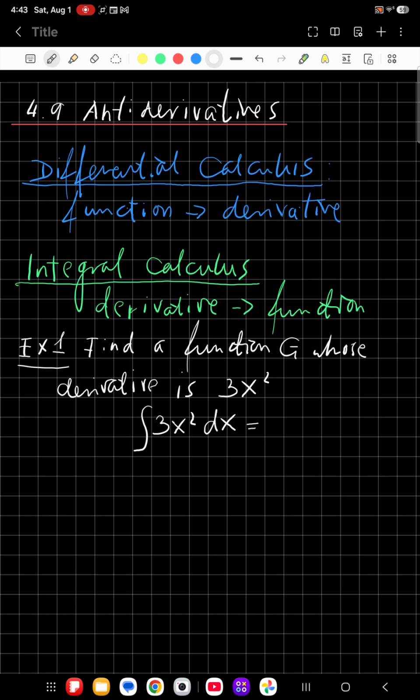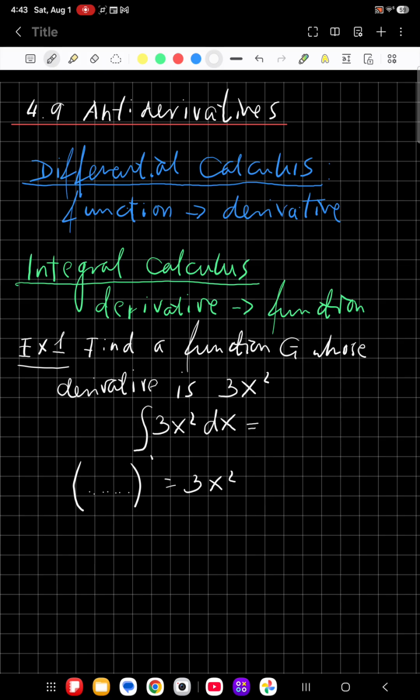But we could also think about it like this. Let's say I have some function, I'll take a derivative of it, and I will get 3x squared.